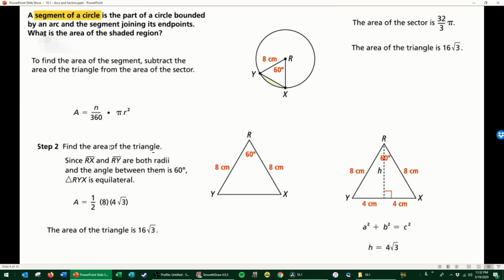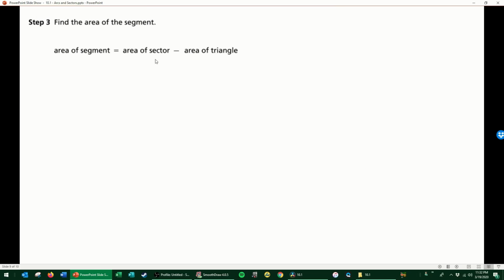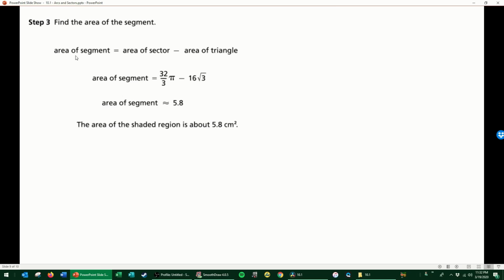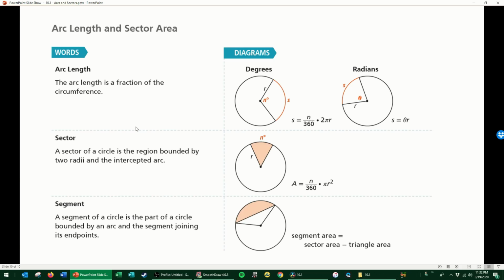So now we're going to take the area of the sector minus the area of the triangle to get the area of the segment. Here we are obviously going to have two irrational numbers, so we're going to have to round here, but it's about 5.8 centimeters squared.